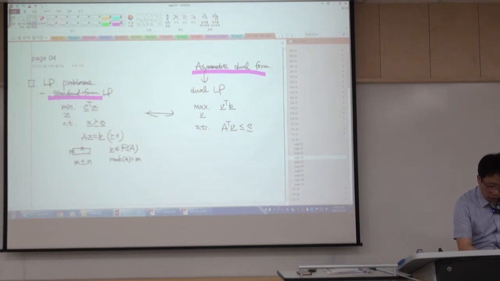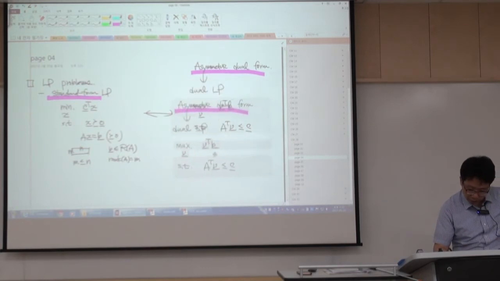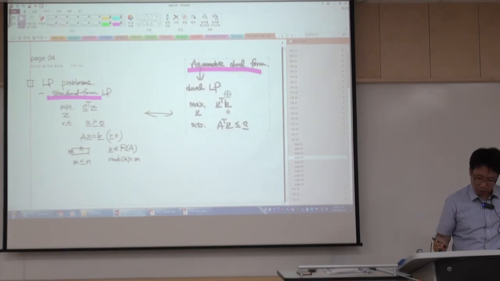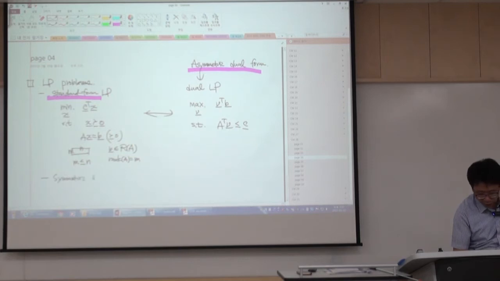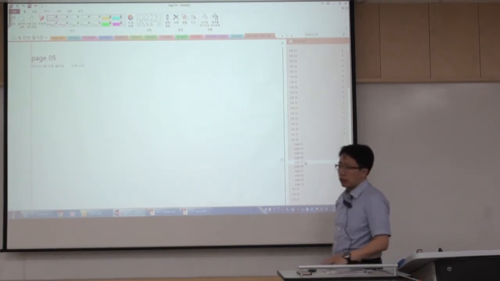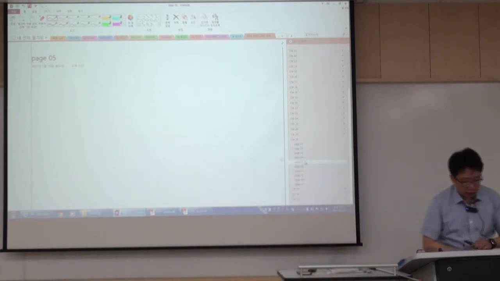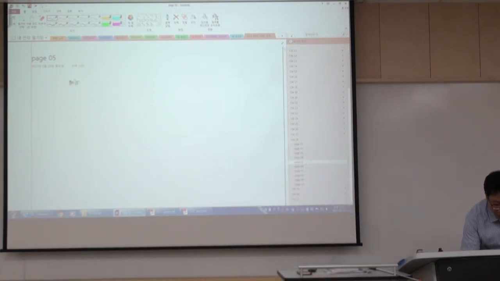Now, what is the symmetric form? Here goes the symmetric dual form, and it looks like this. As we've seen in the diet problem and the drugstore owner's problem, the problem is given like this.